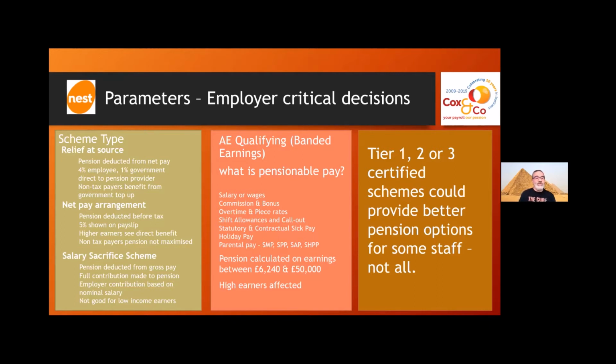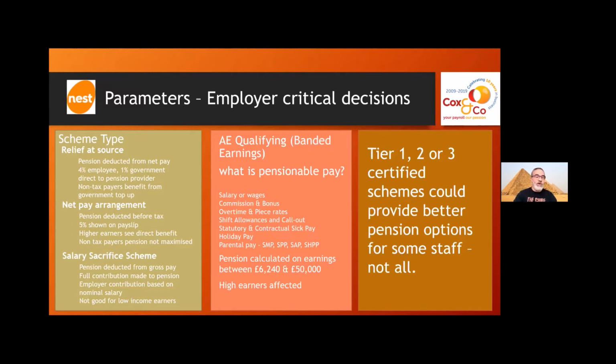And after tax relief, that would be 3.2%, 3.25. I haven't got my calculator. So that's a relief at source scheme. So the employee sees the net amount deducted from their pay, it goes to the pension provider, Nest, and they then add the extra 1%, or another 20% of the amount contributed, to that employee's pension pot.